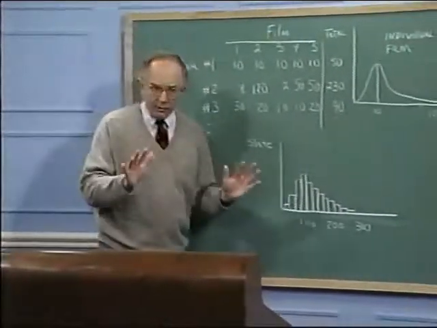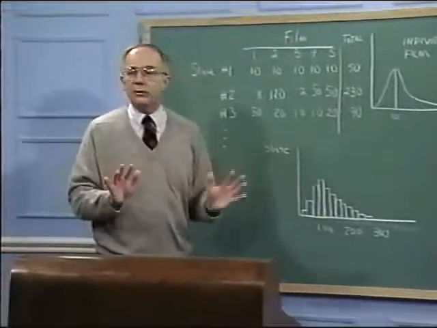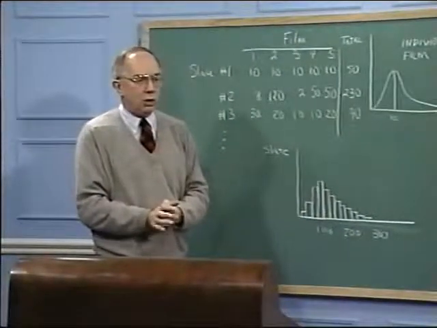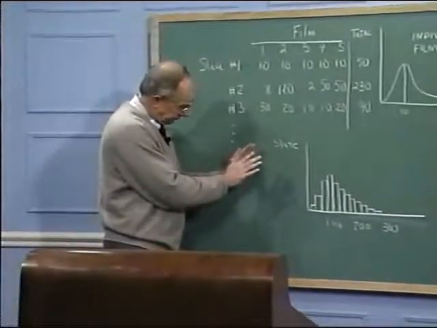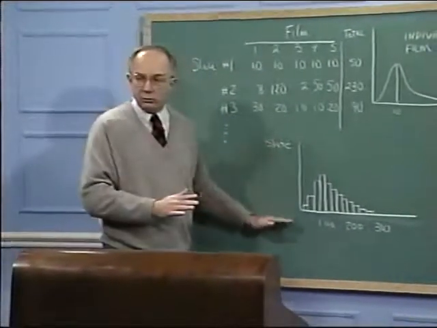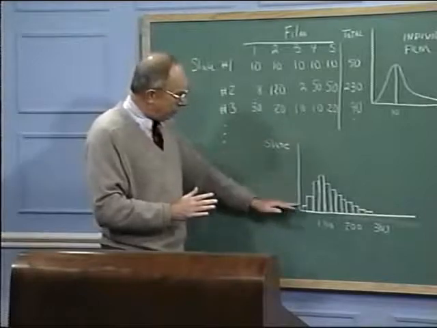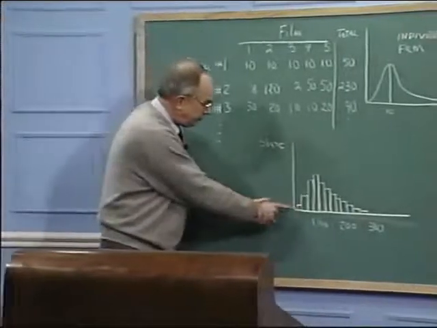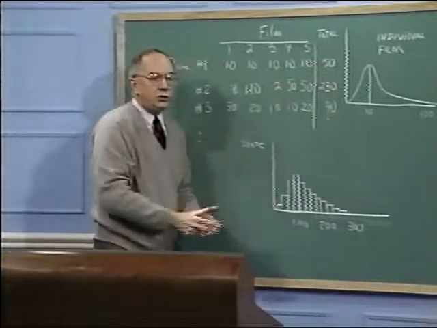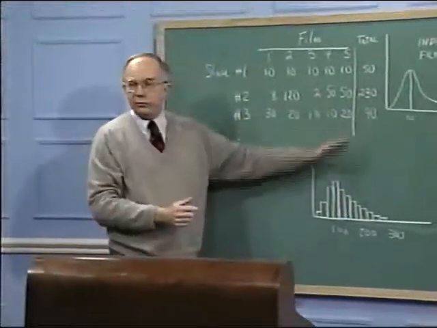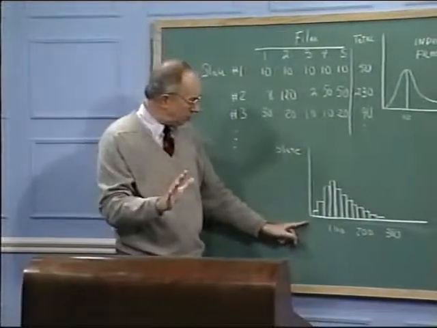Now, where it really becomes valuable, and we'll look at this in more detail when we study the product launch simulation in just a few minutes, is when I look at the total revenue for the slate. This distribution down here tracks each of these totals and builds a histogram related to the slate total.